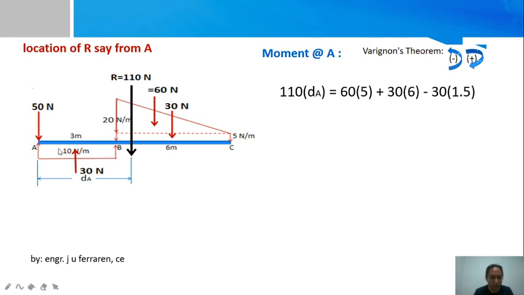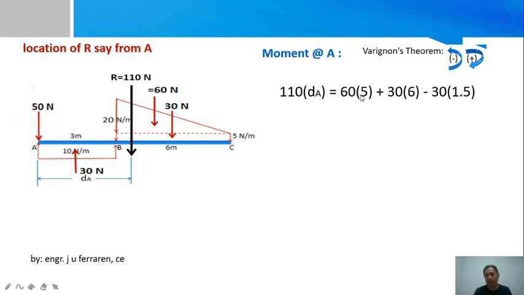If A is the moment center, then only these forces will produce moment. Where is 60? This one. 60 times the distance to A. That is 1/3 of 6 from here, the location of the resultant, which means this is 2, and 2 is only from B, so 2 will be added to 3.